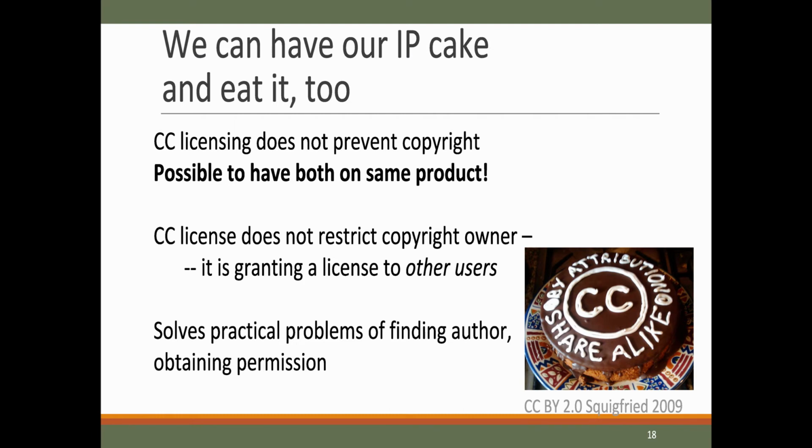Licensing is saying here's what I, the owner of the work, am willing to let other people do with it. So copyright is like, mine, this is mine. And Creative Commons licensing is, here's what I'm cool with everyone else doing with the work. So both. It took me a while to get my head around this. Wait, we can do both at the same time? Oh.